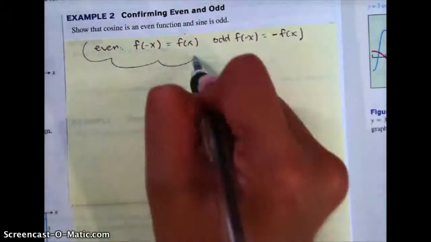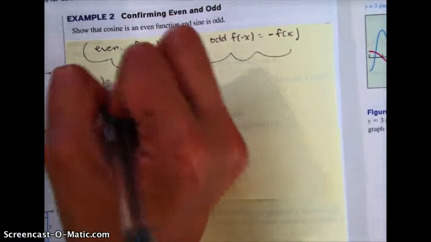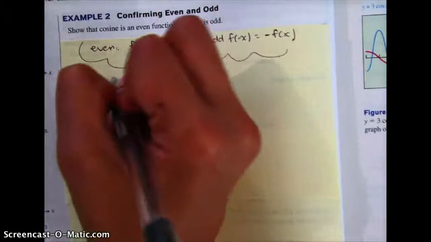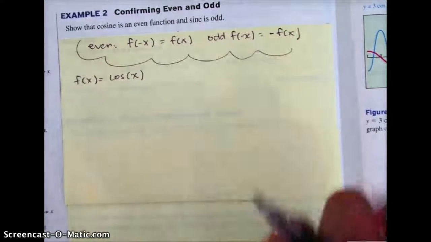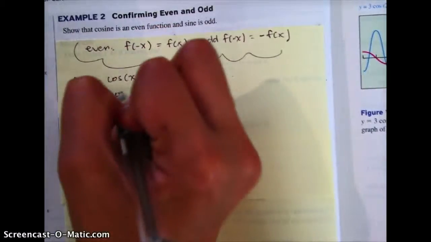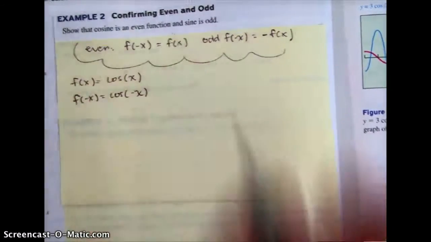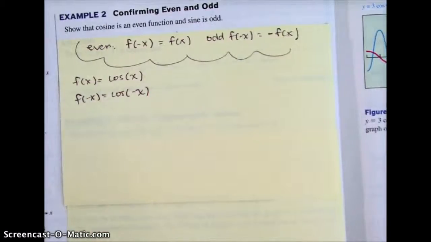With that reminder, let's try it for cosine and sine. So our first function is f of x equals cosine of x. Well, if I plug in a negative x, f of negative x is going to be cosine of negative x. At first glance, that doesn't seem very helpful because I don't know what to do.